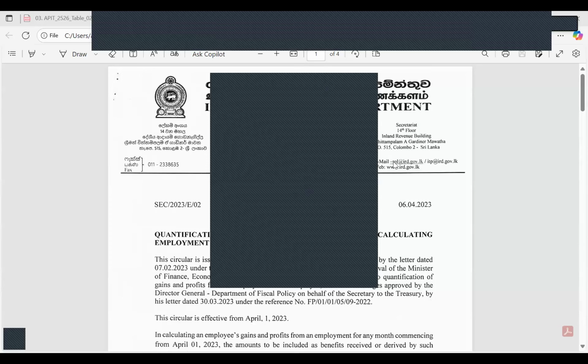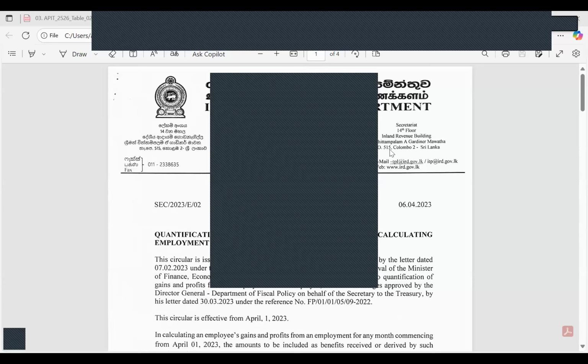If any employee is working on a contract basis, we have to consider whether that person is an employee or not. I think I have given some characteristics to identify whether that person is an employee or not. If that person is an employee, at that time APIT should be deducted.